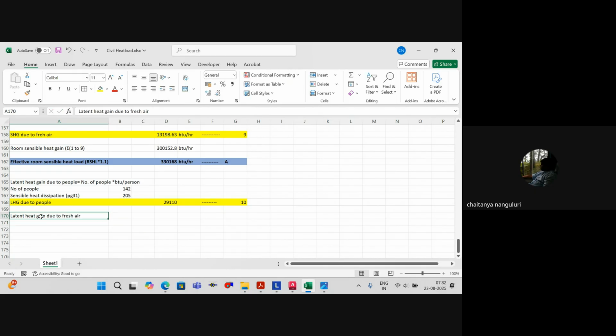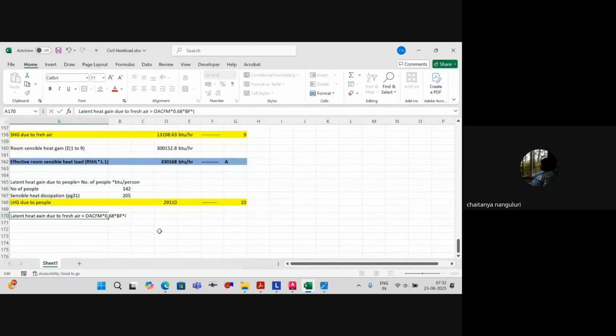So latent heat gain due to fresh air is equal to OACFM into 0.68 into delta humidity ratio into bypass factor.